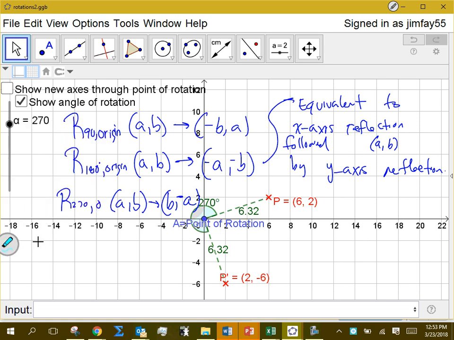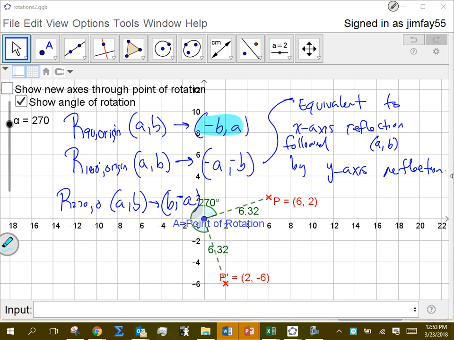and this might be an association that allows you to kind of remember these. Would you agree that these two, they both do the same thing with flip-flopping? Okay. But in the first one, this first coordinate is negative. And in the second one, the second coordinate is negative.